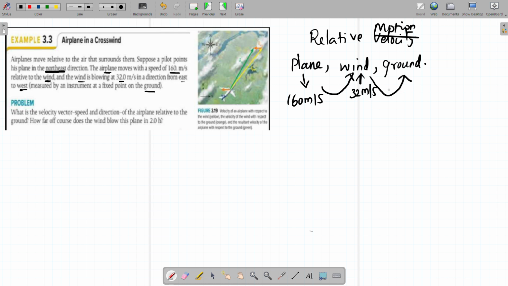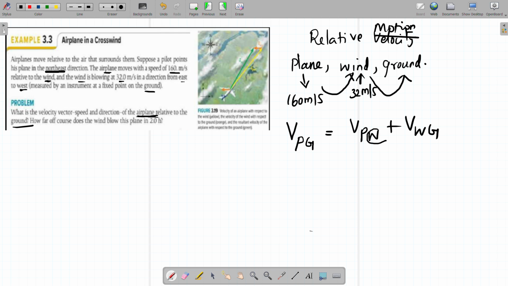If you read such a question like this, the answer is very simple and easy. You just have to make a formula. They ask: what is the velocity vector of the airplane relative to the ground? Velocity of plane relative to the ground is equal to VPW plus VWG.